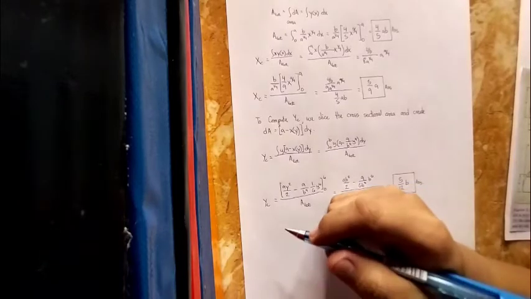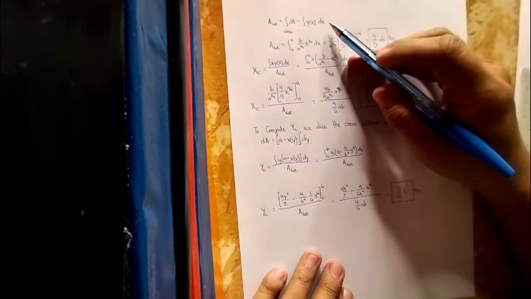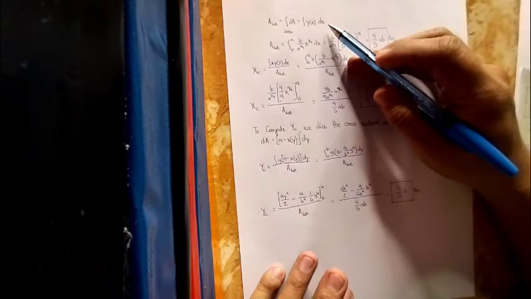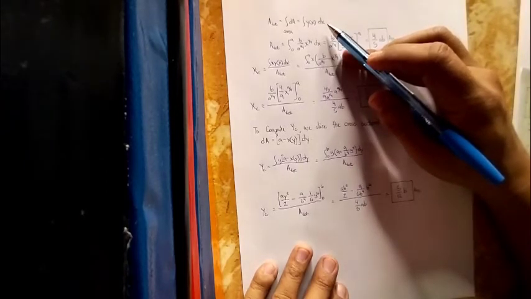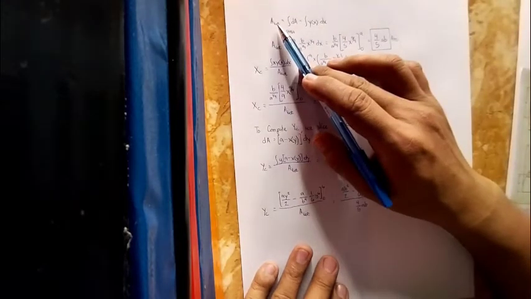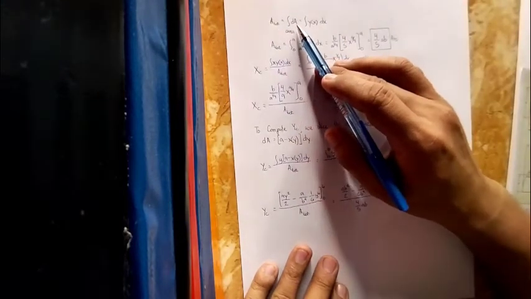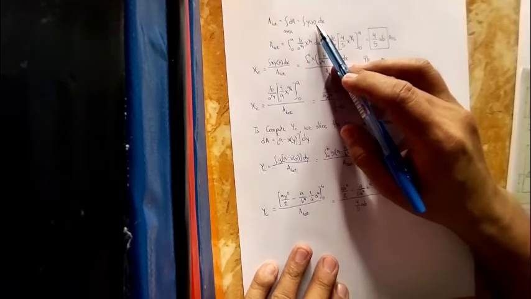Para mahanap natin yung centroid, kailangan muna nating unahin na i-calculate yung total area ng element dA, which is y of x. Total area is equals to integral of dA, which is equals to integral of y of x dx.